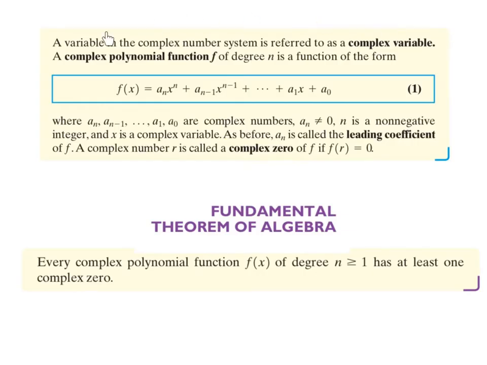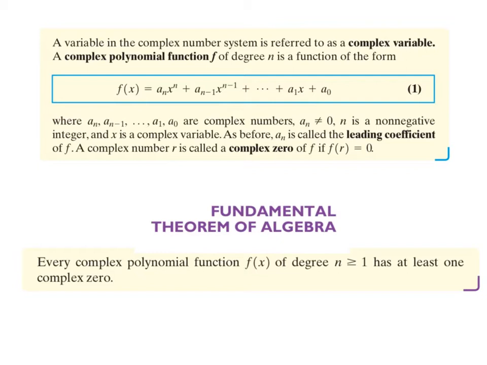What we have here is a formal definition of what a complex polynomial function looks like, and that contains complex variables. That is all to say what the fundamental theorem of algebra says, which is that every complex polynomial function f of x that has a degree of 1 or greater has at least one complex zero.